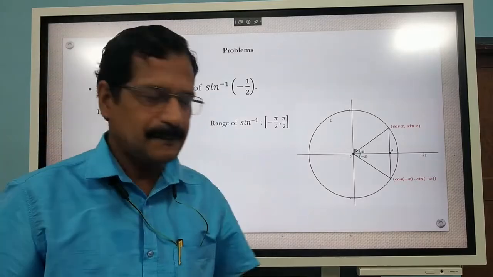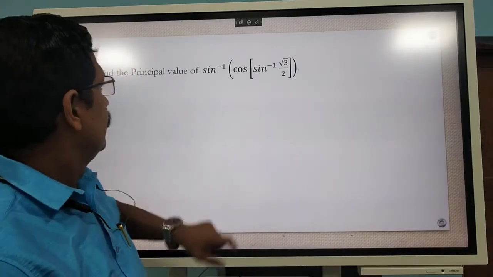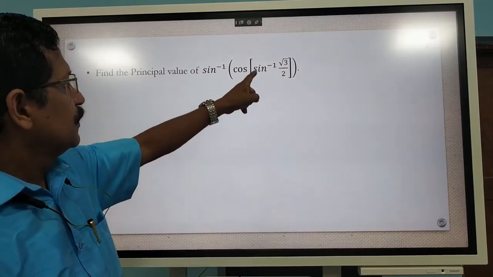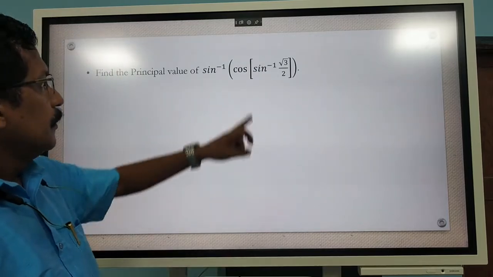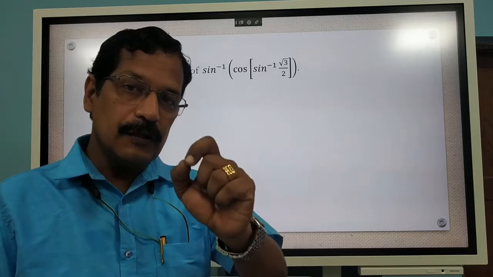That's a simple question. Now let us think about another question. Find the principal value of sin inverse cos of sin inverse root 3 by 2. Now what is sin inverse root 3 by 2? It is pi by 3.